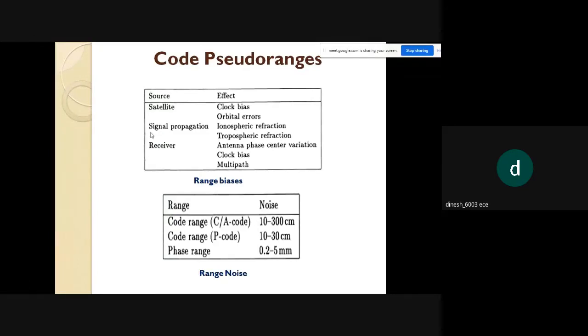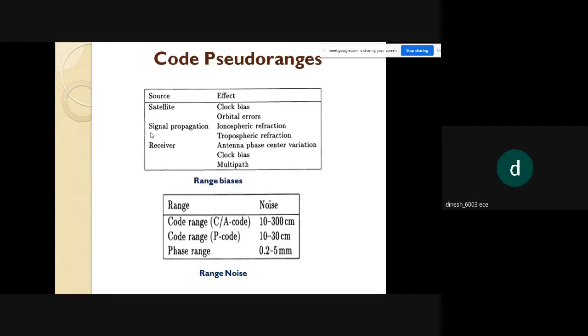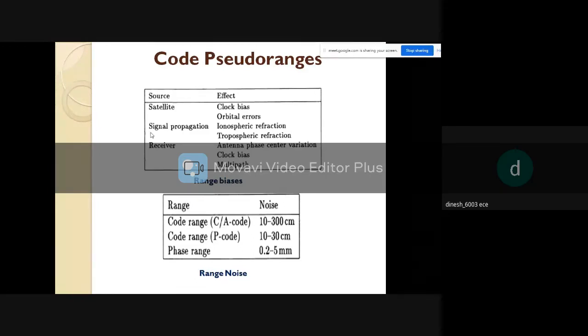And at your receiver, due to the inefficiency of the antenna's design, we will be getting antenna phase center variation, the clock bias due to the satellite signal, and multipath reflection. So these all constitute your code pseudoranges, range biases, due to satellite, due to signal propagation, and due to receiver.